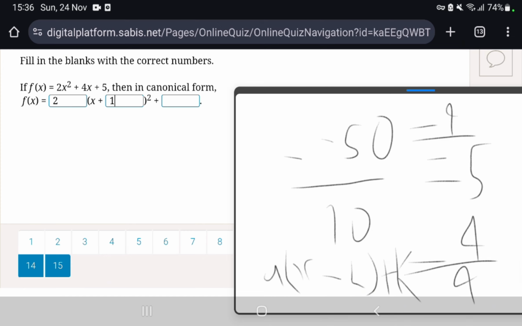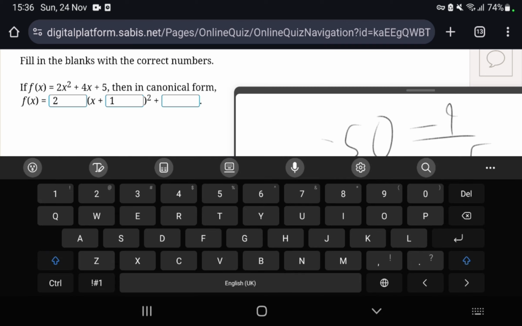So then we substitute -1 inside the original equation. So we get -8 plus 4, which is -4, plus 5, which is 1.